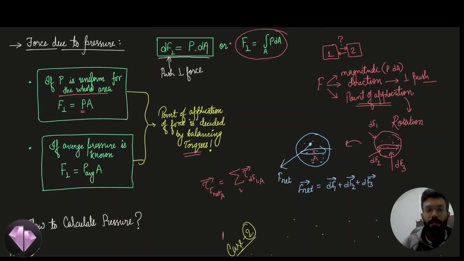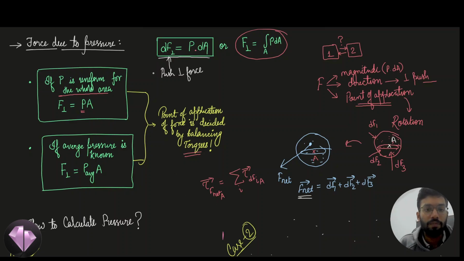So basically it's simply saying that take any point, with respect to that point calculate the torque because of these small df forces, calculate the torque because of this F net vector, and it would be applied at that particular point at which these two torques are the same. So basically you need to balance the torques.